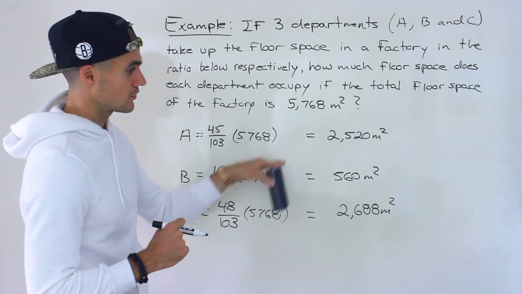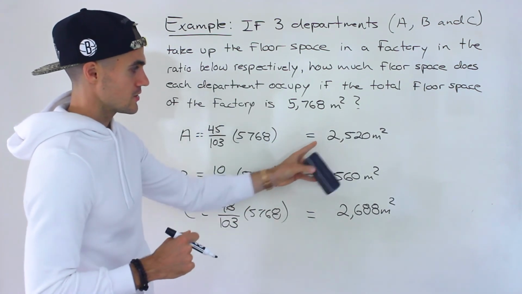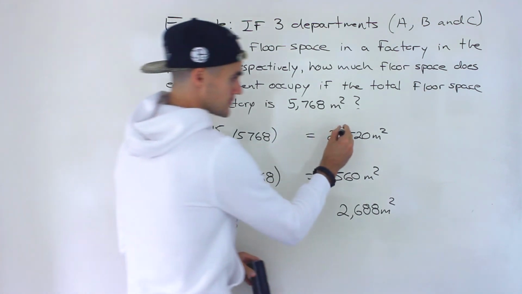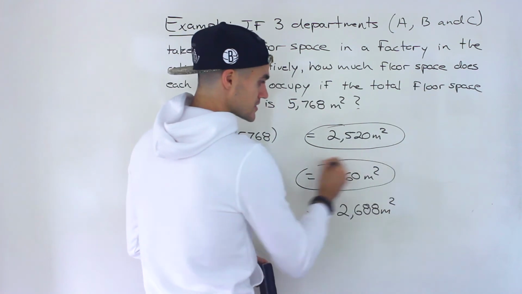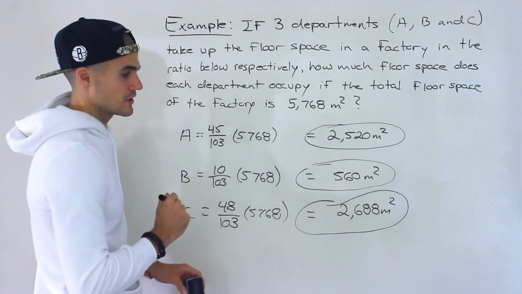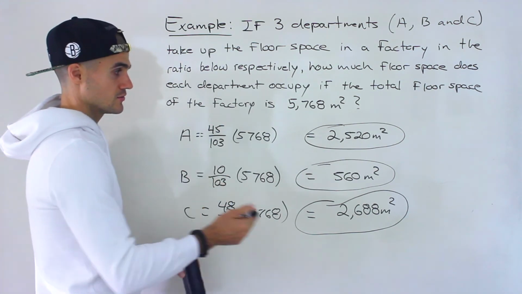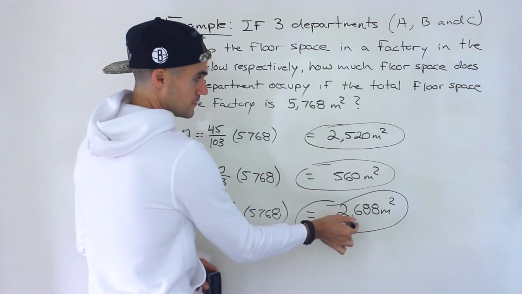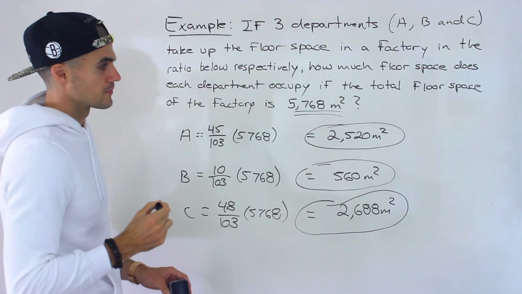And when you do those calculations, these are the numbers you would get, right? So Department A takes up 2,520 meters squared, Department B 560 meters squared, then Department C 2,688 meters squared. Then you could check your answers too. If you add these up, notice that they're going to add up to that total floor space.